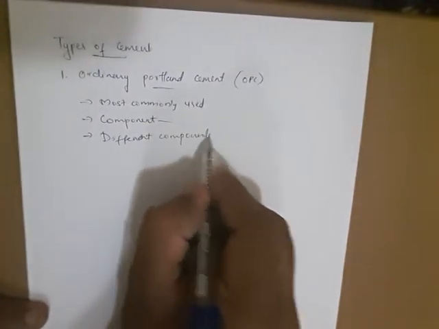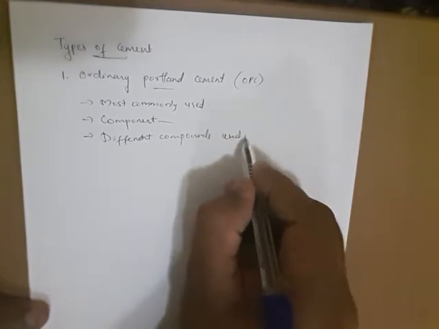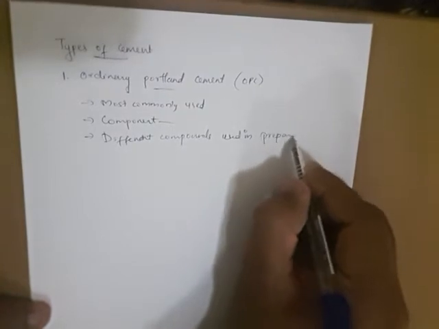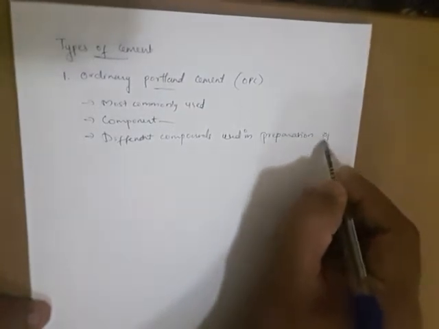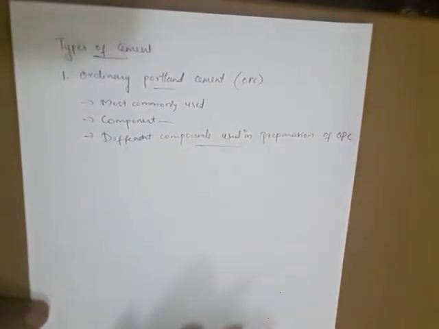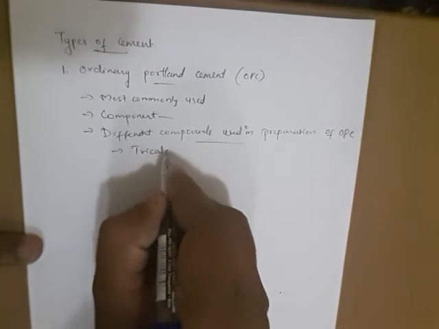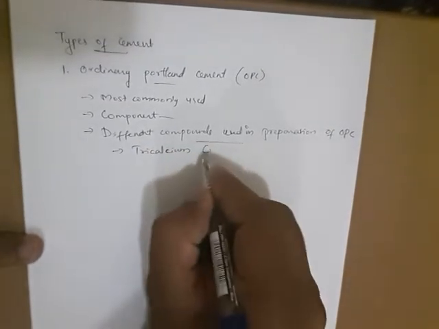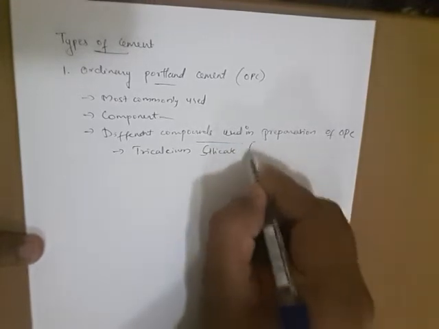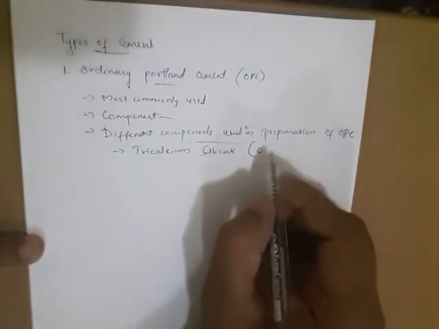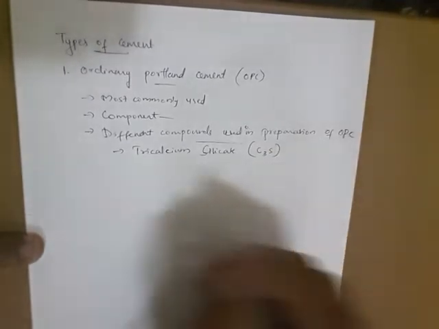And the different compounds used in preparation of OPC: one, tricalcium silicate, that we call C3S.